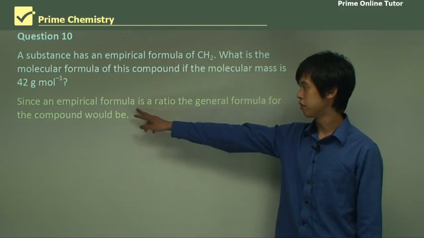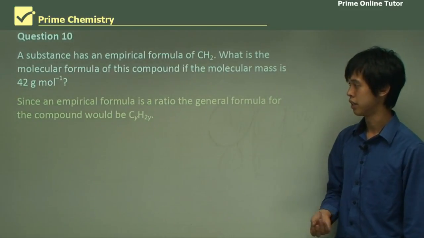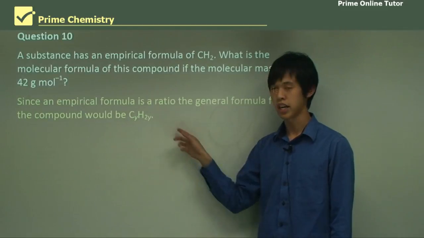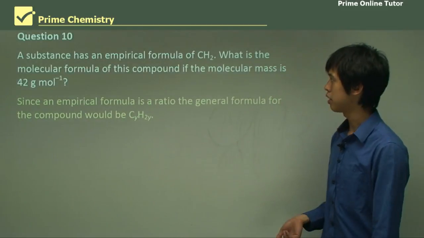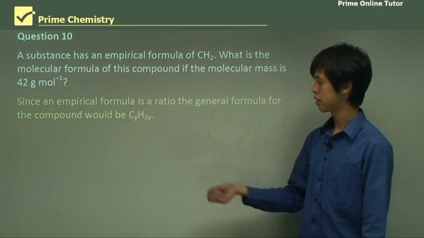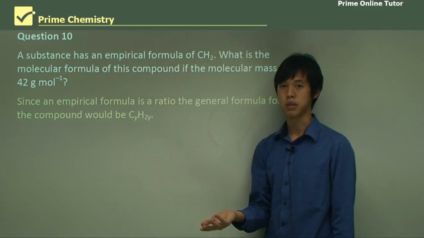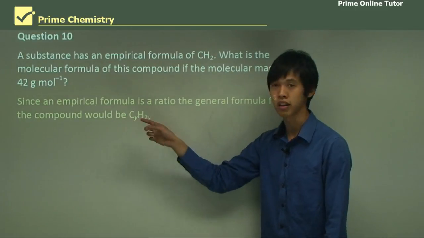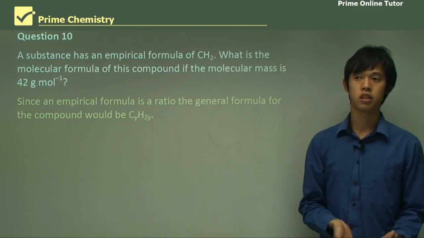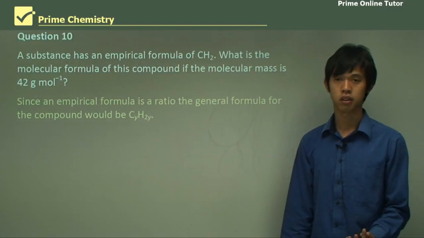Since an empirical formula is a ratio, the general formula for the compound would be CyH2y. We know that there are always 2 hydrogens for every 1 carbon, so whatever the number of carbons, there will always be 2 times as many hydrogens. We can just put y there because we don't yet know how many carbons there are to start with.